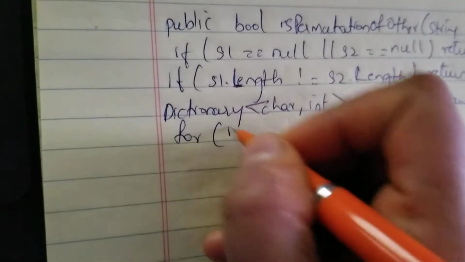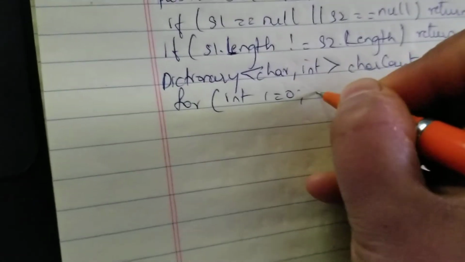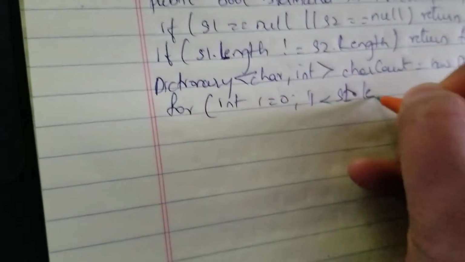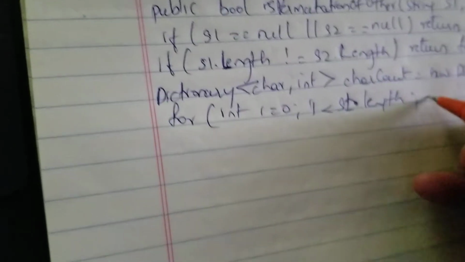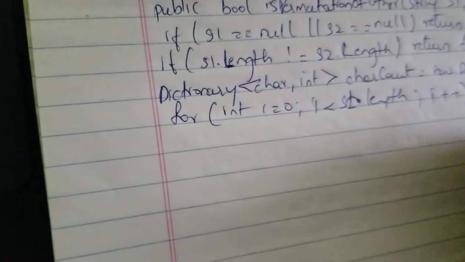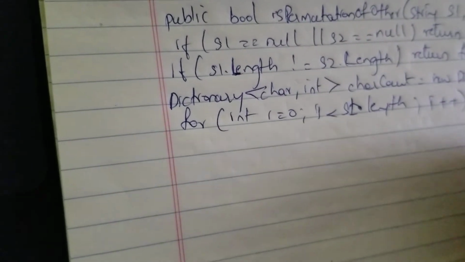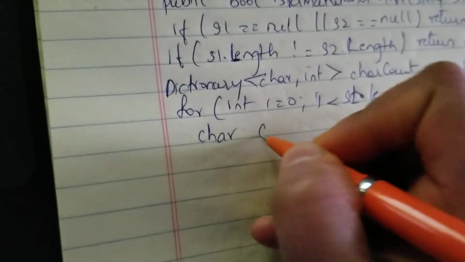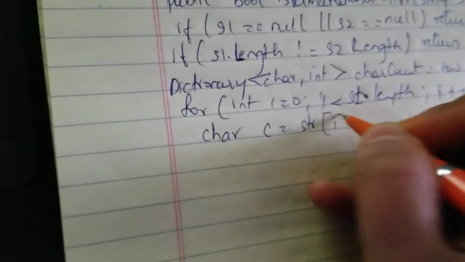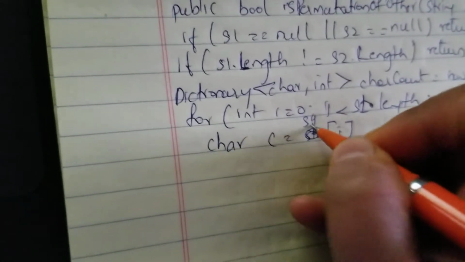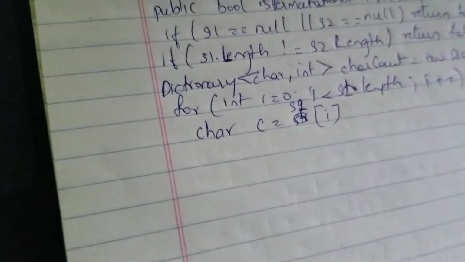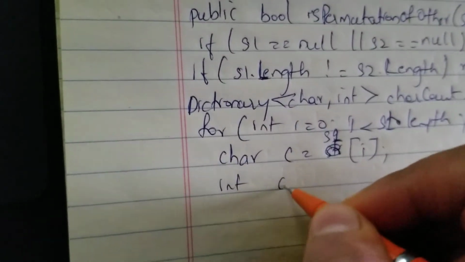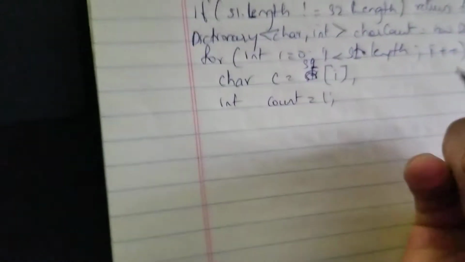For int i equals 0, i is less than s1 dot length, i plus plus. I will take the character, that is s1 of i, and initialize count to 1.